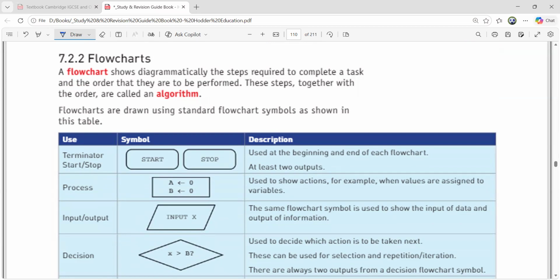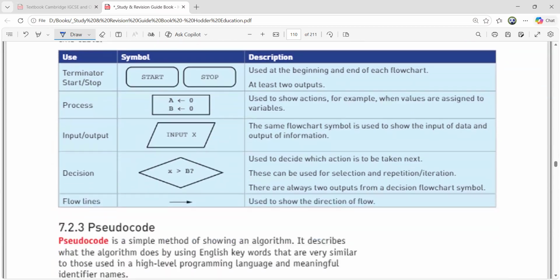By the way, questions can come in different styles, but let's talk about the symbols that we need to know. The first one is the terminator. It holds a start or a stop. So your flowchart starts with start and ends with stop, and it is used at the beginning and end of the flowchart.